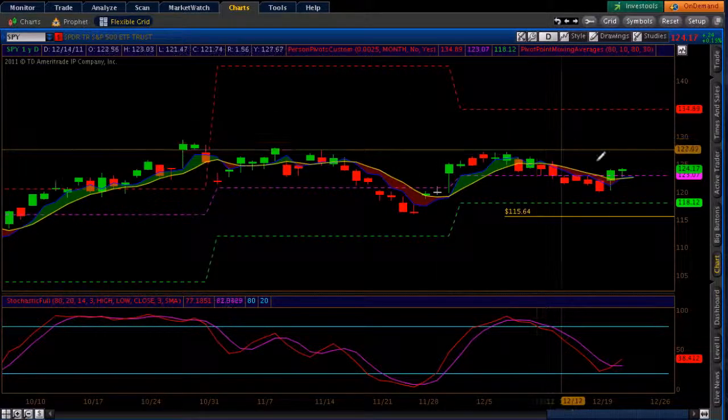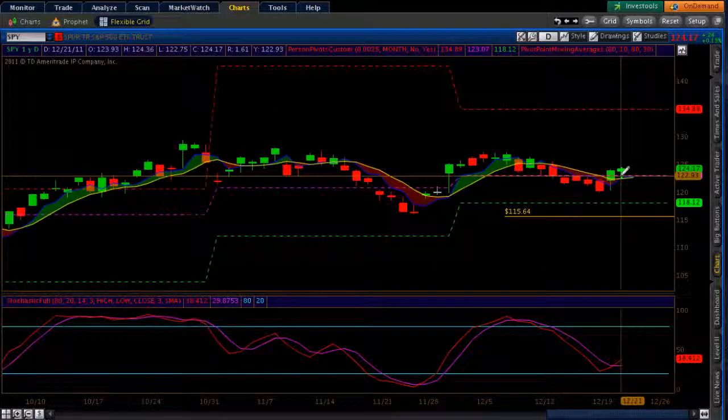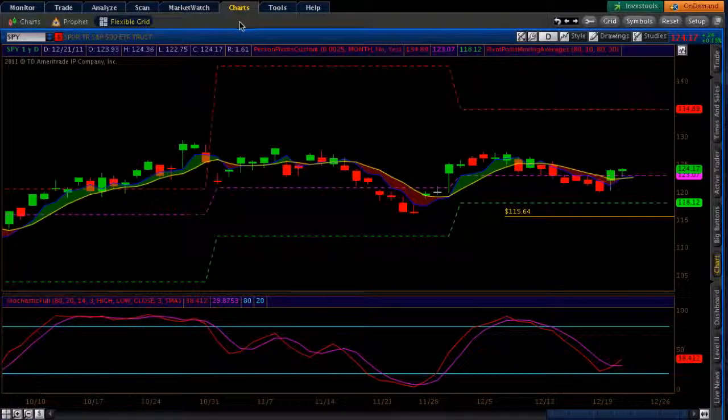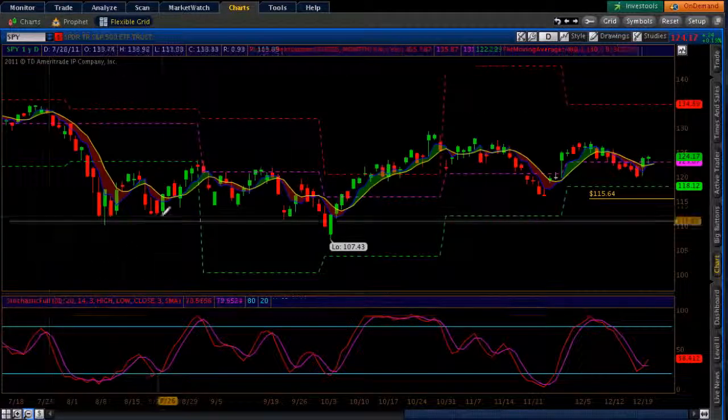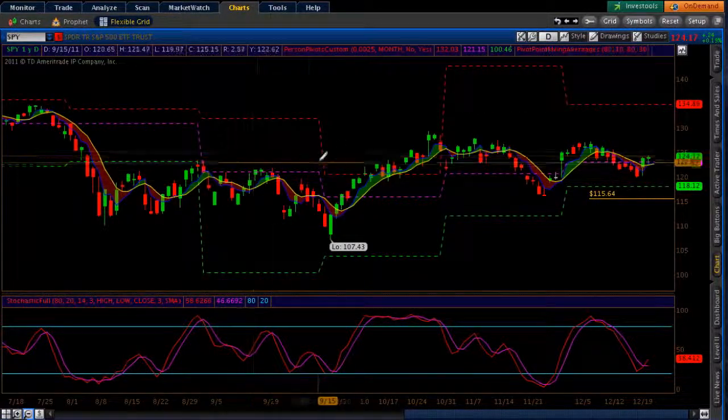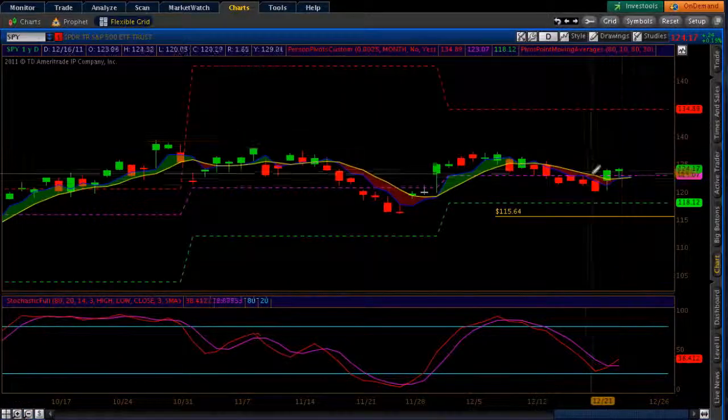I might hold it into expiration, I don't know, but I'm not going to let a winning trade turn into a losing trade. I'll just close it out at break even and not worry about it. And the way the market is so volatile now, we don't know what's going to happen. So that is the SPY that I put on.